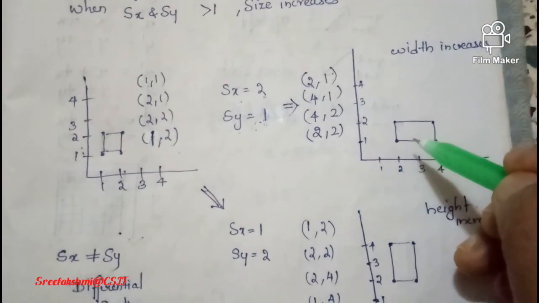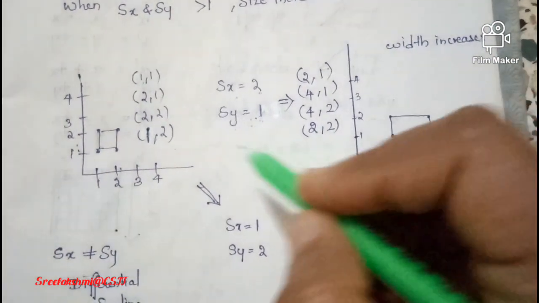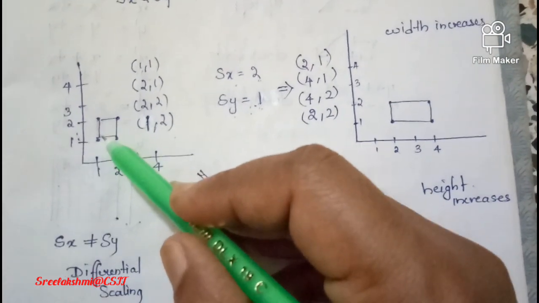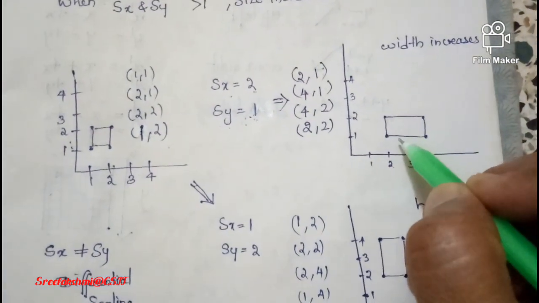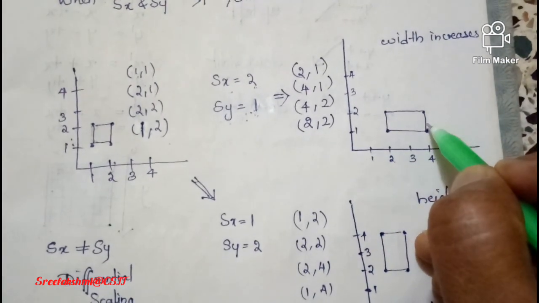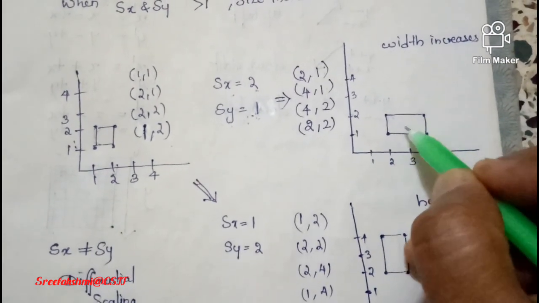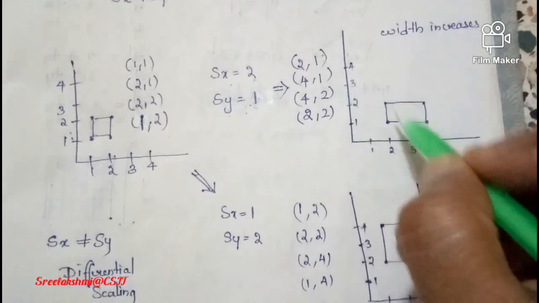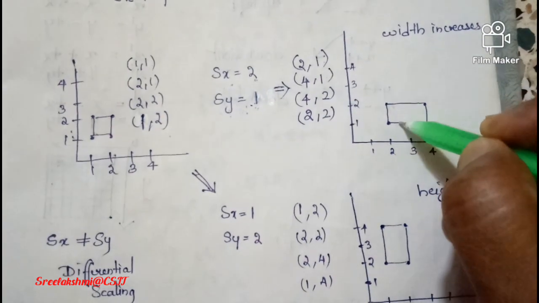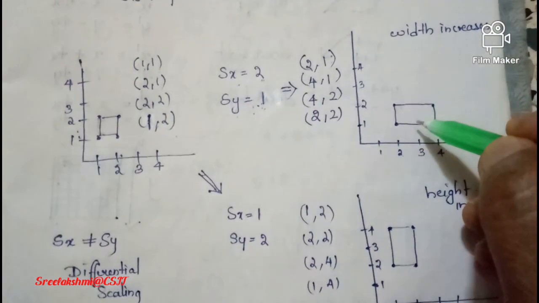And when you closely observe the picture, you can identify that initially it was a small square. But after scaling, the size has increased only in the horizontal direction. Height has not increased. Height of the initial object and height of the scaled object both are same.